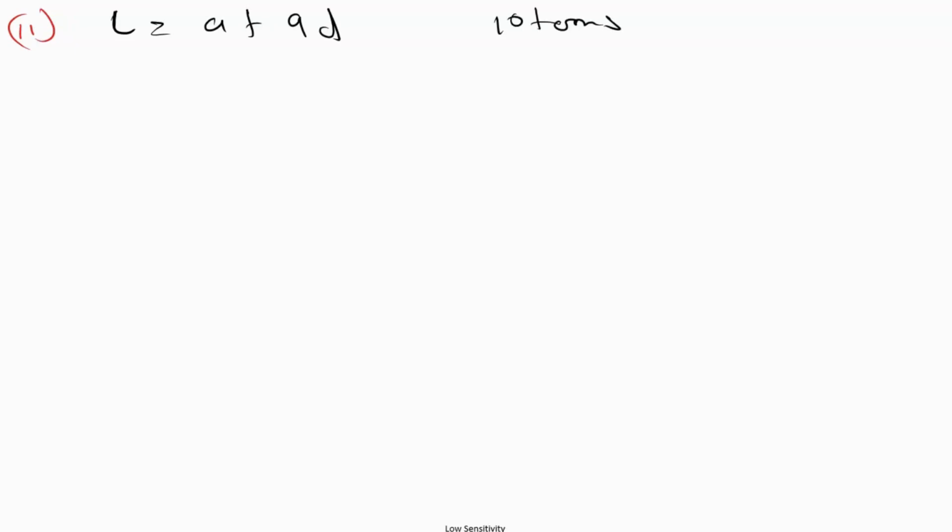So this is the second part. We know that our last term here is going to be a plus 9d, because we only have 10 terms for our arithmetic progression. Therefore, the difference is a plus 9d minus the first term, which is a, equals 36.